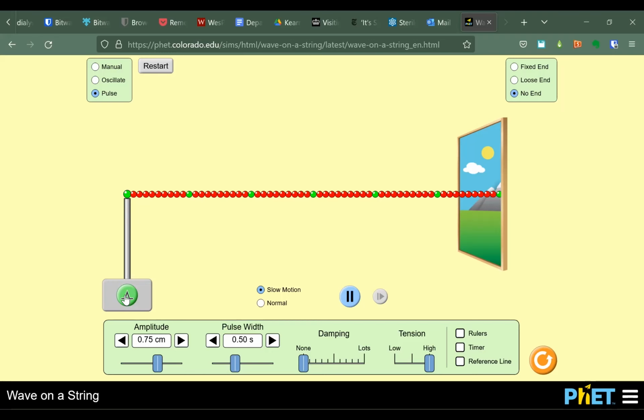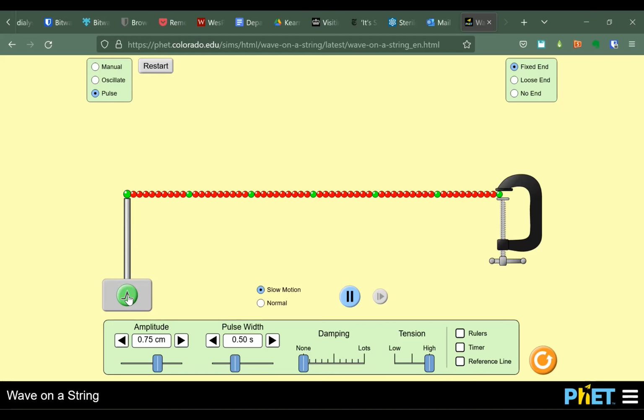Depending upon what a wave is propagating in, and whether there are changes in medium or boundary conditions, different things can happen. For example, if I fix one end of the string, look at what happens when I send a pulse. You can see that when it hits the fixed end, it reflects and also goes upside down.